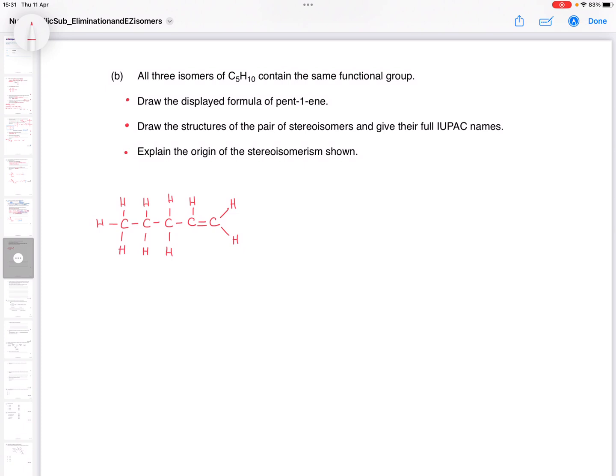So had we taken a carbon atom from the other side of the double bond, the other side of the carbon with the bromine on, we would be here. Okay. And so we would have two potential isomers.